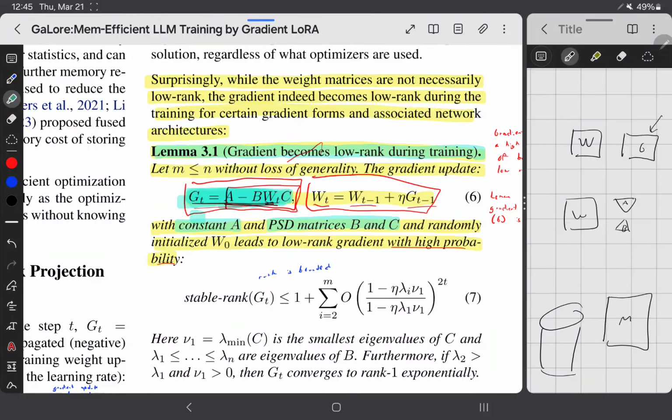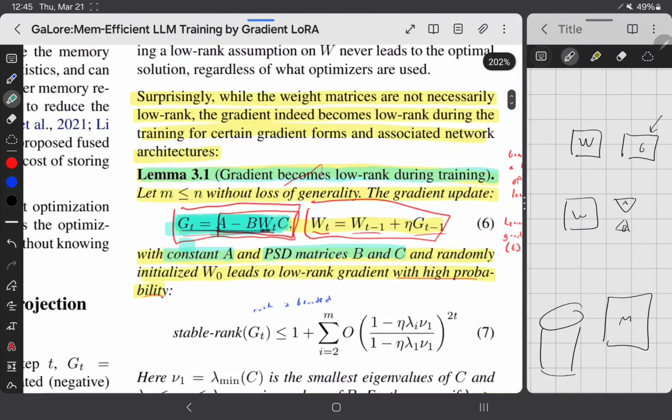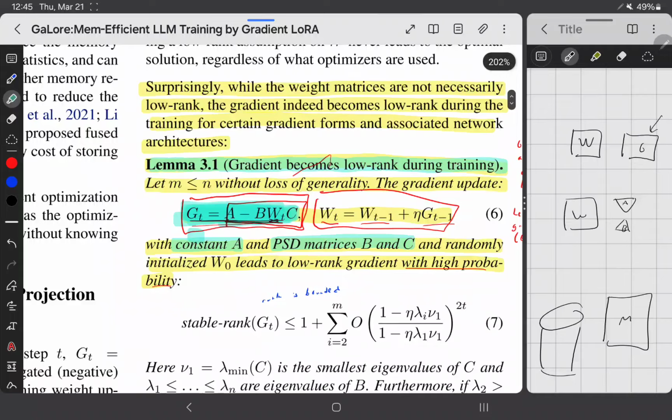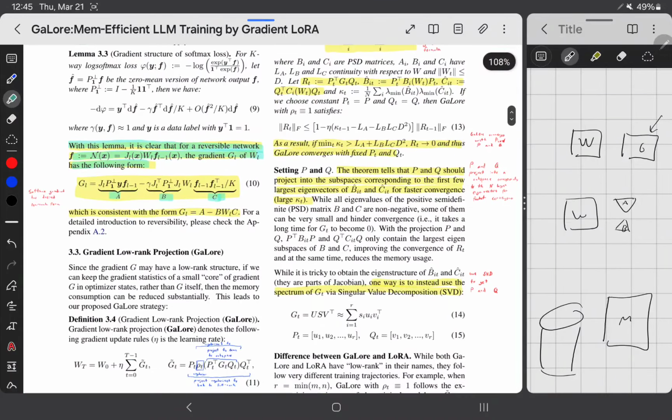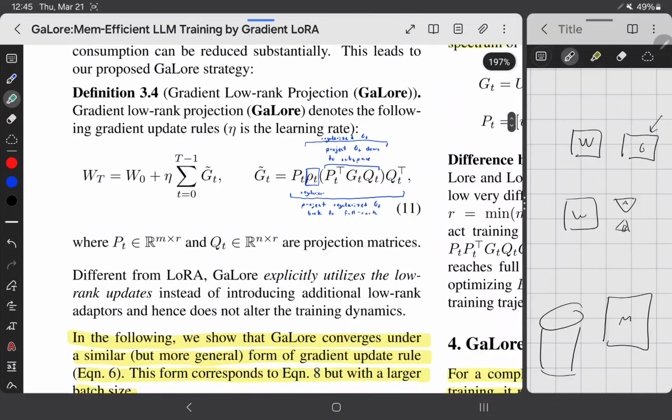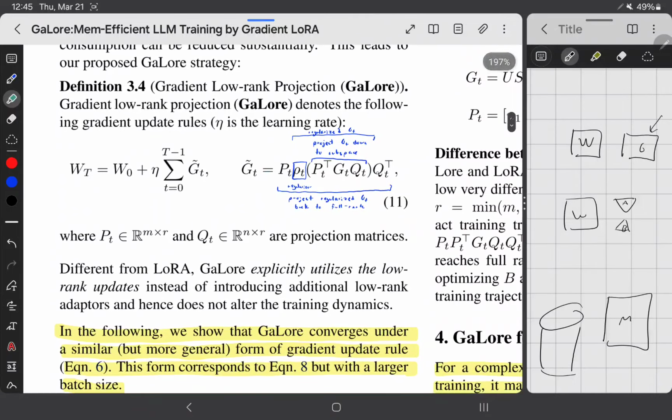So now that we have all the proofs out of the way, we can now assume that our gradient is low rank because they proved that. So how do they leverage this? The key idea is that you can make weight updates in this low rank space. So you can leverage this property to do your weight updates in a lower rank space because we proved that the gradient can be decomposed into a low rank space.